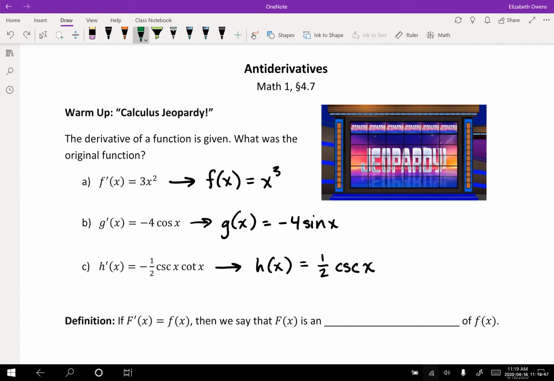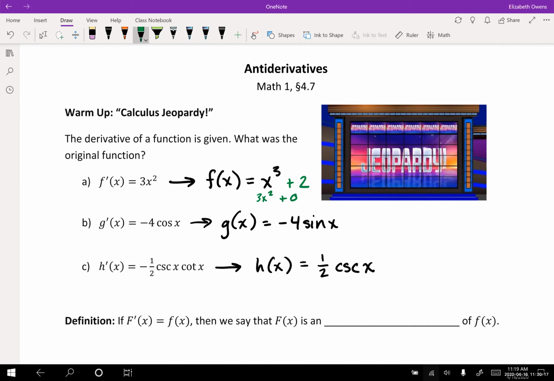That was correct. While this is good, there is actually another function that could also work. How about x cubed plus 2? That would work, right? Because if we take the derivative, we'd still get 3x squared, and the plus 2 derivative would just be plus 0, so the derivative is still 3x squared.